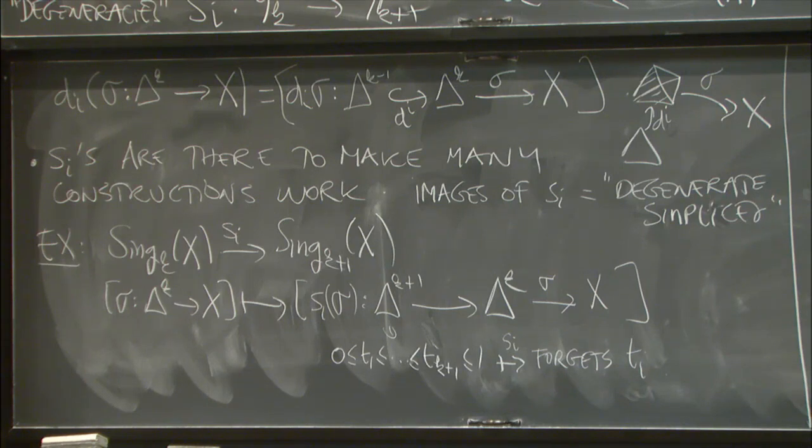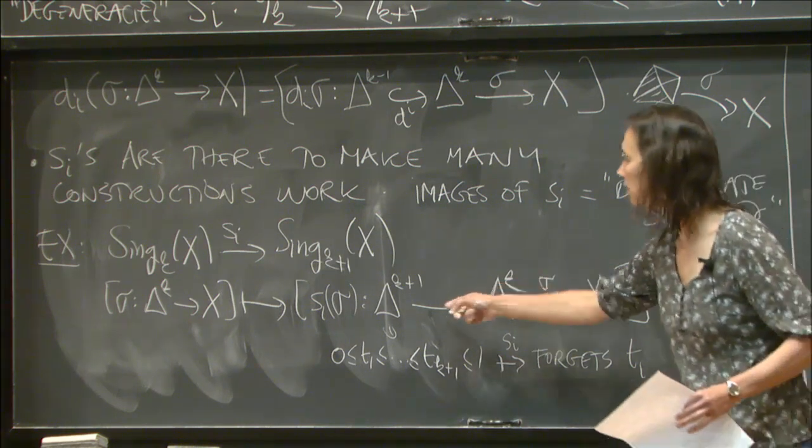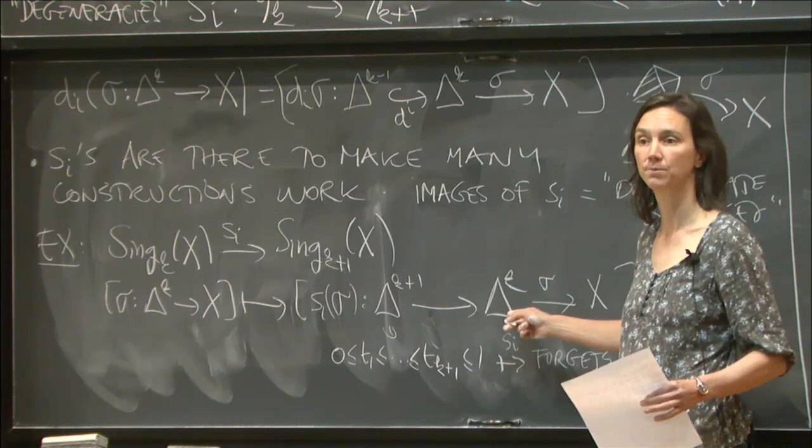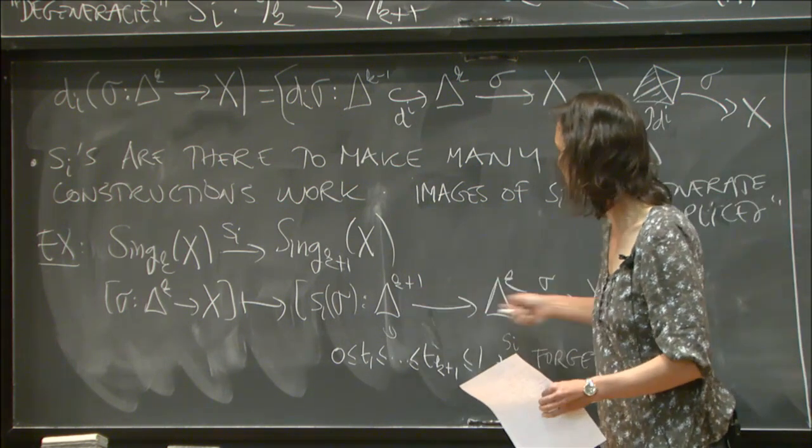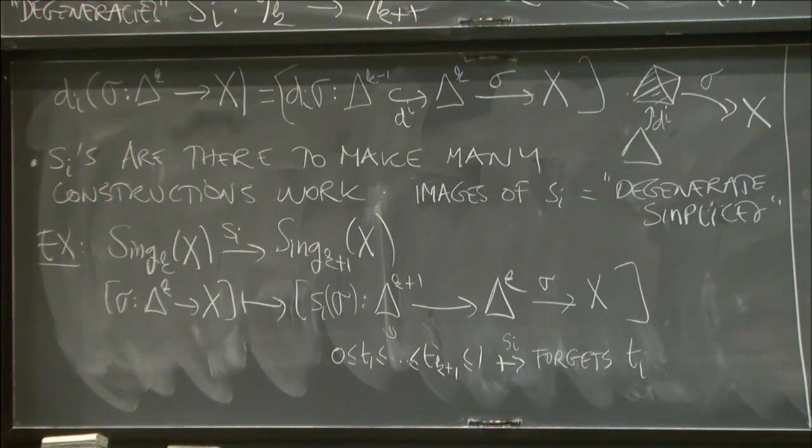So I collapse the simplex. I have k plus 1 different ways of collapsing the k plus 1 simplex into a k simplex. These are crushing maps, so they are degenerate in the sense that they create simplices that forget a lot of stuff. Good.